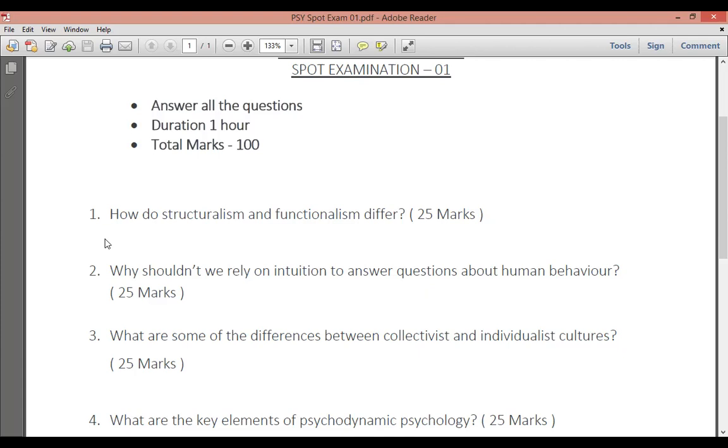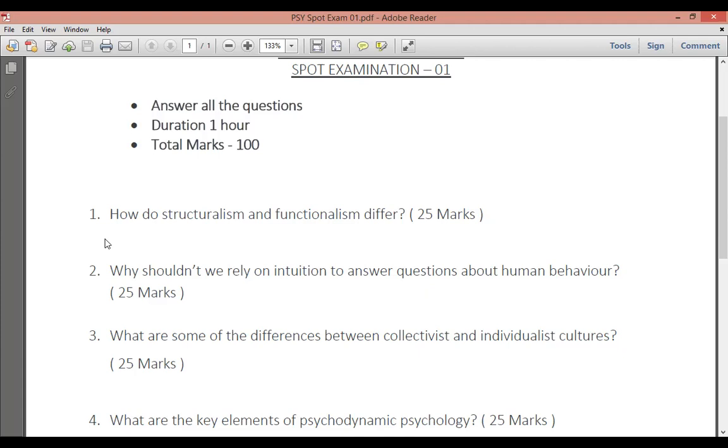Okay. So the third question is, what are some of the differences between collectivists and individualists? Usually we can say collectivist cultures are usually, now a collectivist means a group of individual people forms a collectivist culture.